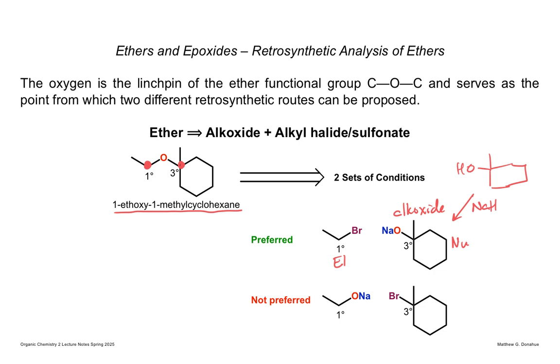So I'll draw it in green here to match, that would be making that bond. You wouldn't want to do it the other way because you end up with a tertiary alkyl halide, and that's no good for SN2.